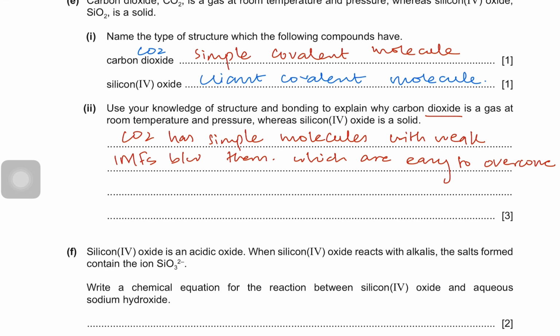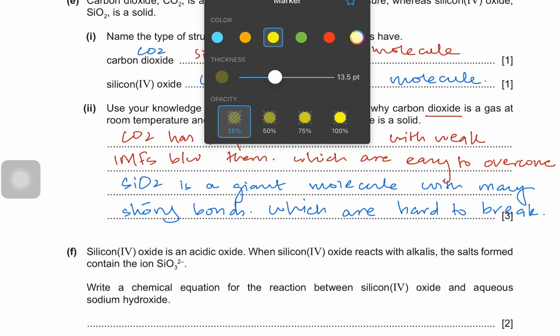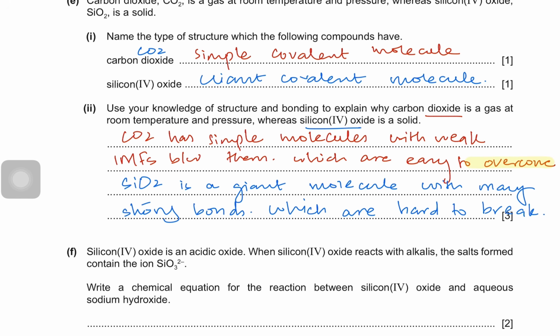Next sentence should be about silicon dioxide: SiO2 is a giant molecule with many strong bonds which are hard to break. Notice the terminology I'm using here: overcome with weak intermolecular forces and hard to break with strong bonds.